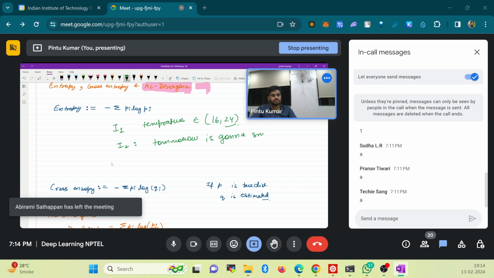Snow in Mumbai. So this is the usual temperature that people would expect in Maharashtra, right?